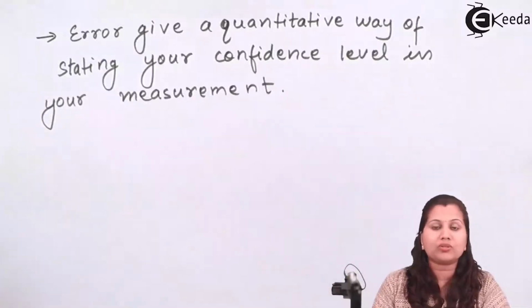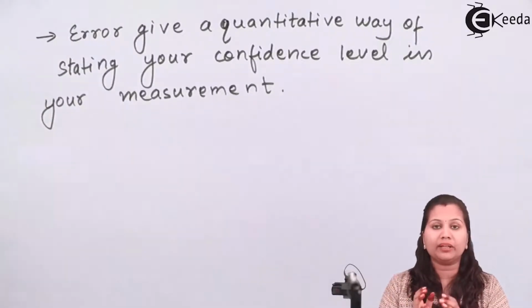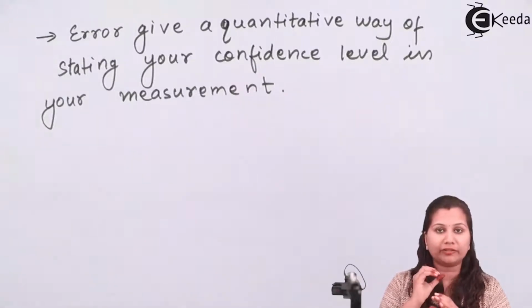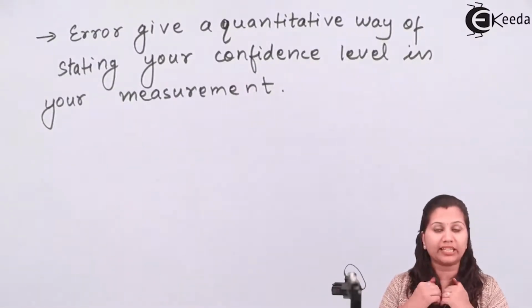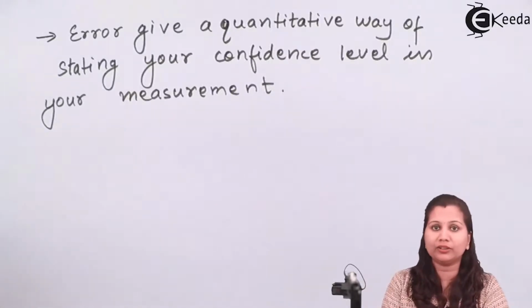If we talk about the error, when we are measuring an unknown quantity, we get a value, and we state the difference between the value we get after the measurement and the actual value of that quantity.